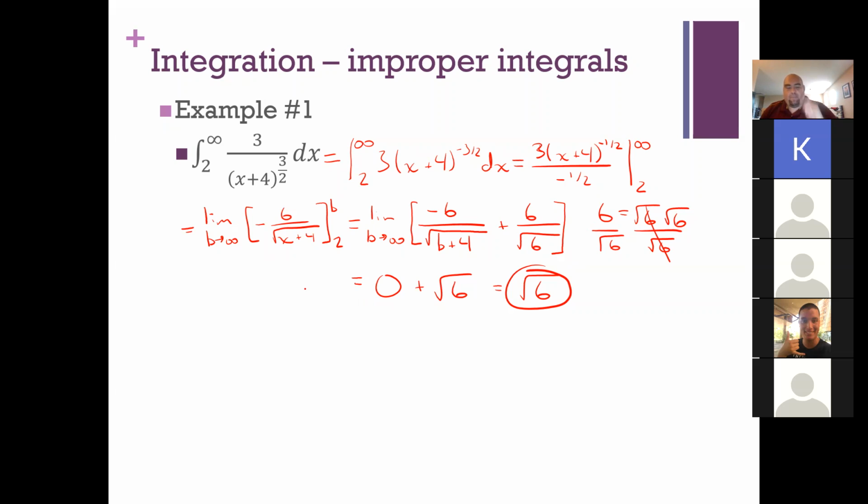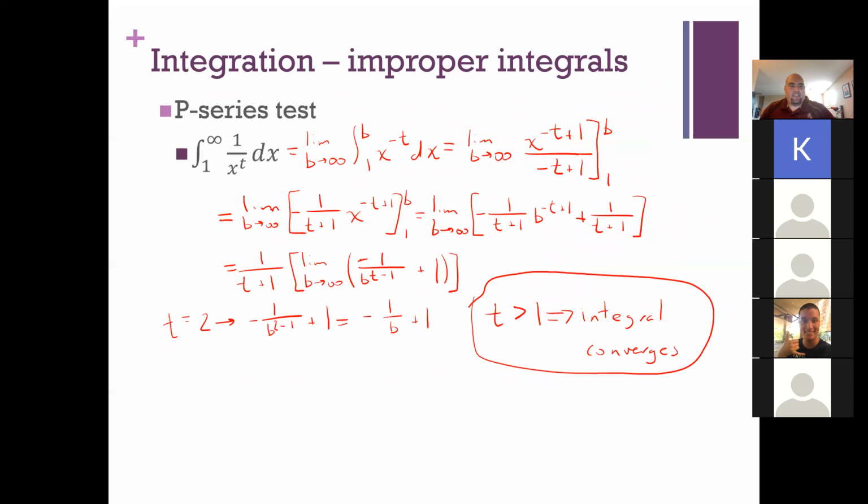How is this different from the last one, which does not converge to 1? Can you explain why this converges to rad 6? Let me go back. Oh, the one that I did before with the variable t in it? Yeah, we were just trying to see for what values of t this limit actually would exist.